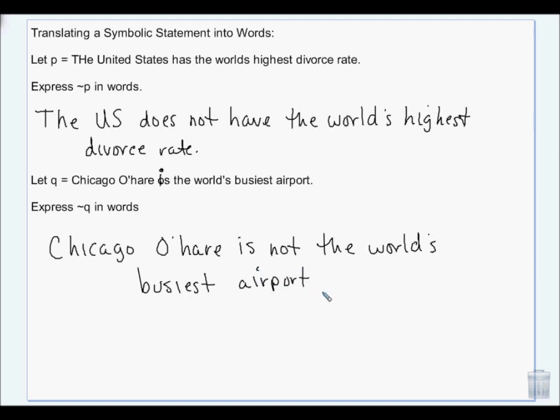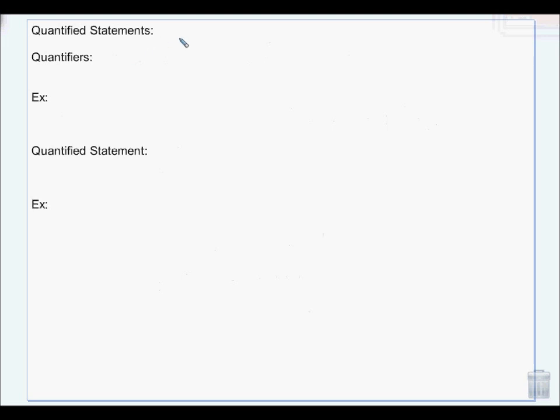Okay, so with this tiny little symbol, we can express this whole long sentence. We can also have quantified statements. Quantifiers are words that express amounts. Okay, now they're not quantities as in specific numbers.